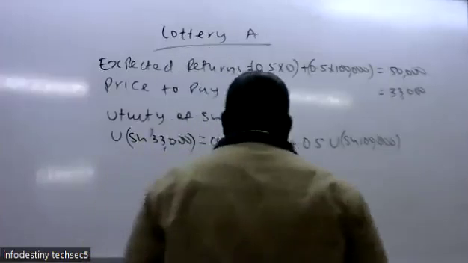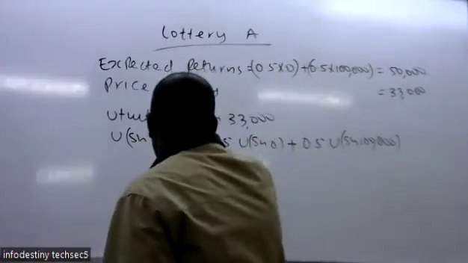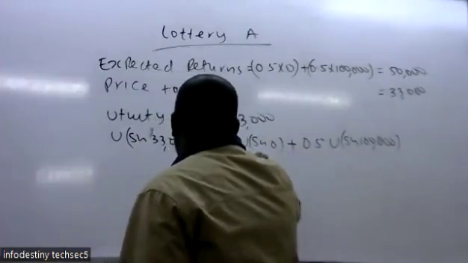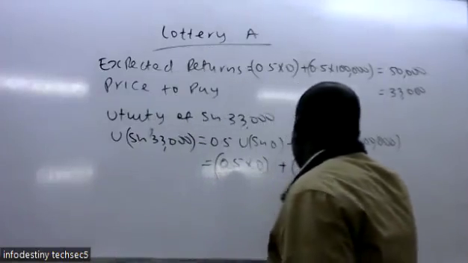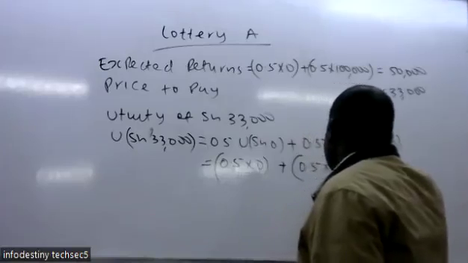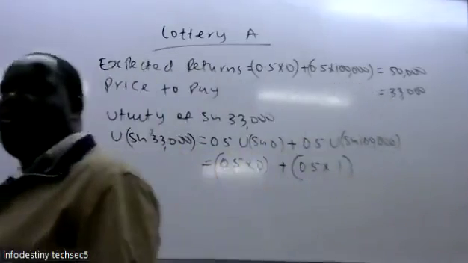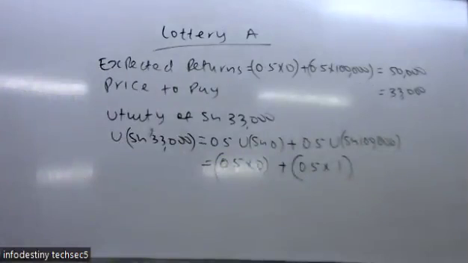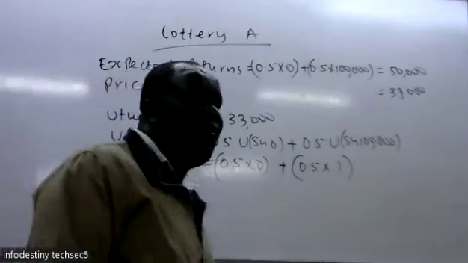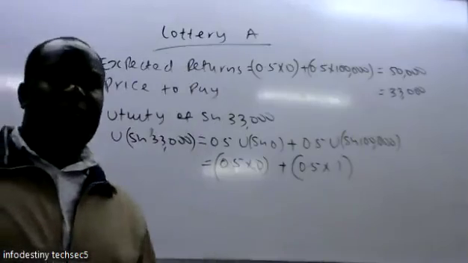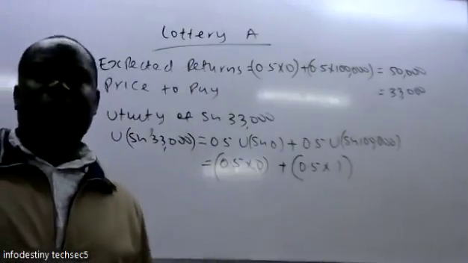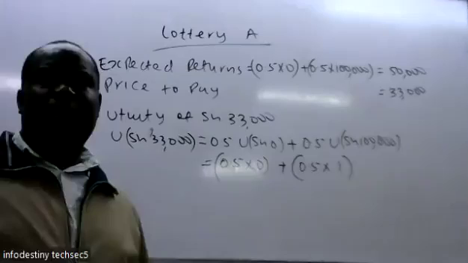So in this one, you got a 0, which means 0.5 of getting 0 util. Then the other one is 0.5 of getting 1 util, because he has won. When you win, you get 1 util; when you lose, you get 0 util, because utility ranges from 0 to 1.